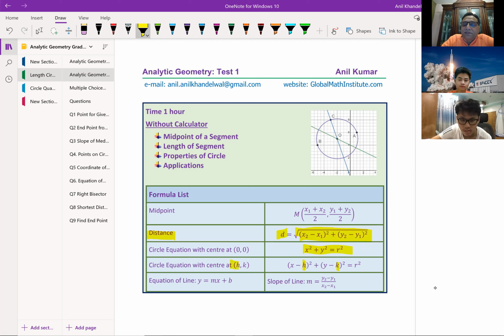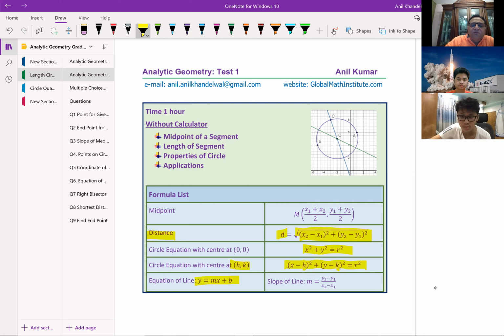So if the center of the circle is at (h, k), the equation of the circle becomes (x minus h) whole squared plus (y minus k) whole squared equals r squared. Here we have applied the transformation, translating h units along the x-axis and k units along the y-axis. So you know the concepts of translations, you can apply them to the formula and get this one, correct?